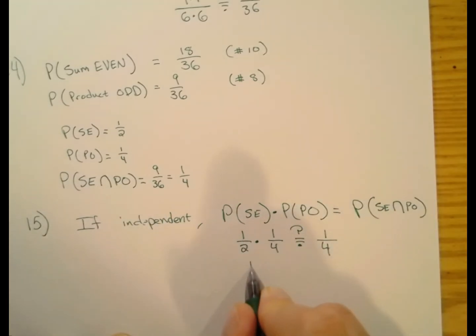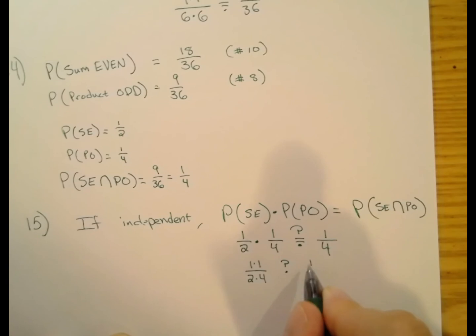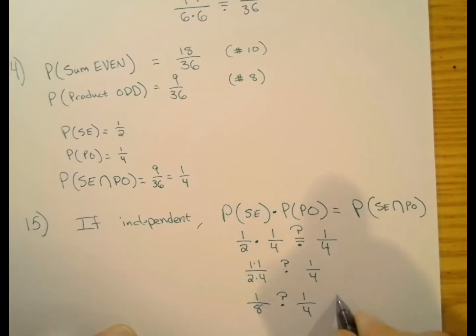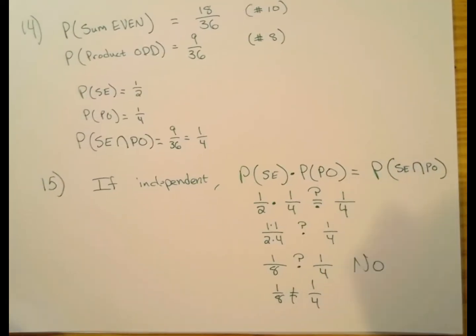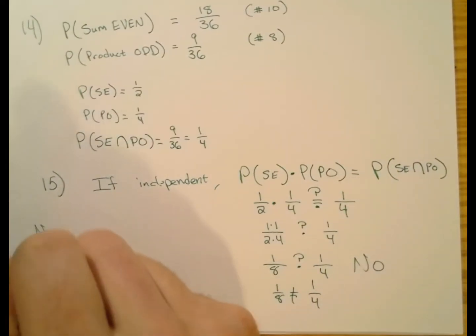Well, multiply numerators, multiply denominators. 1 times 1 is 1. 2 times 4 is 8. Does 1/8 equal 1/4? No. So that means these are not independent.